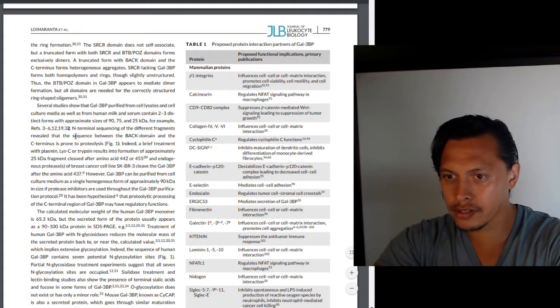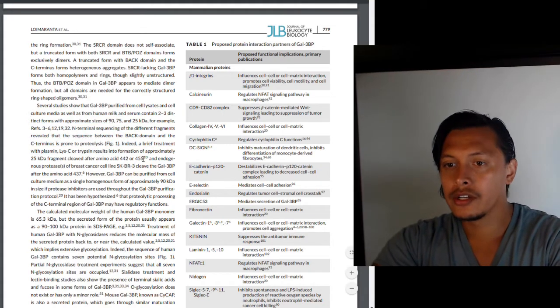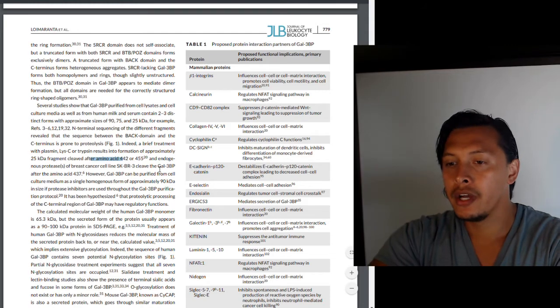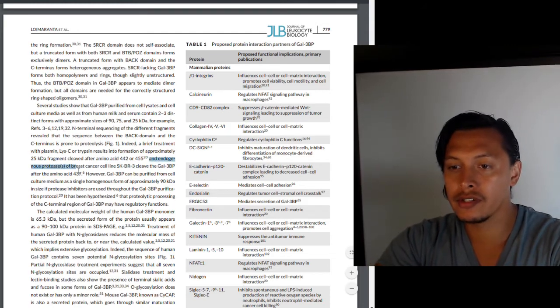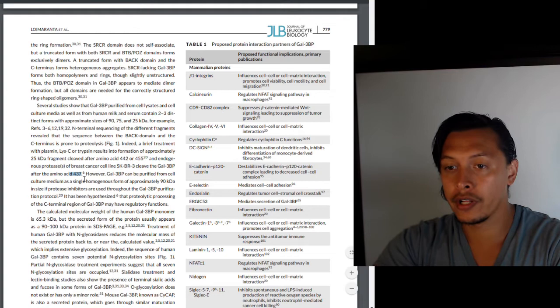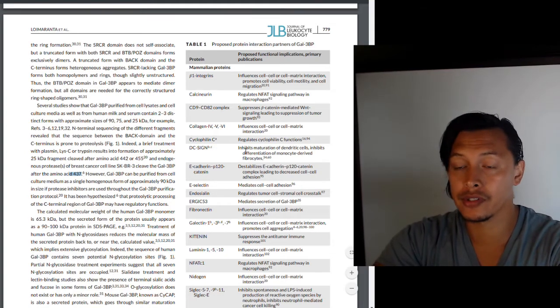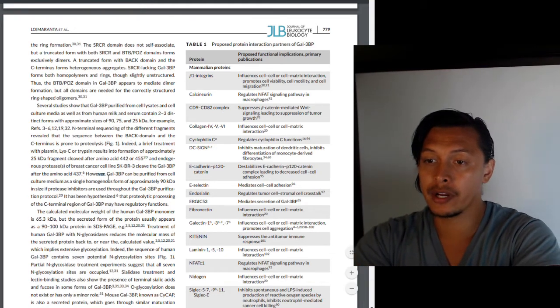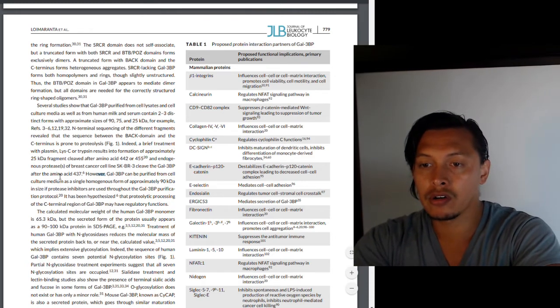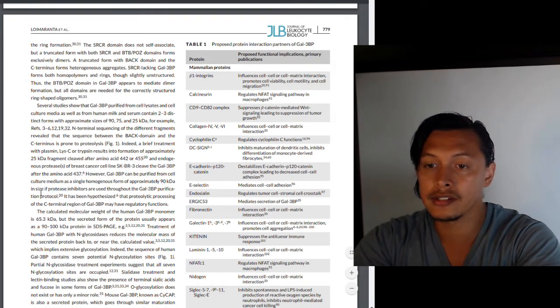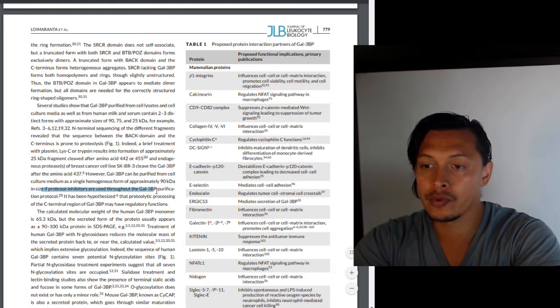So let us continue down to here, this is where the cleavage happens. Endogenous proteases of breast cancer cell lines, SKBR3, cleave the Galectin-3 binding protein after amino acid 437. So that's also pretty close to that. However, Galectin-3 binding protein can be purified from cell culture medium as a single homogeneous form of approximately 90 kilodaltons in size if protease inhibitors are used throughout the purification protocol.